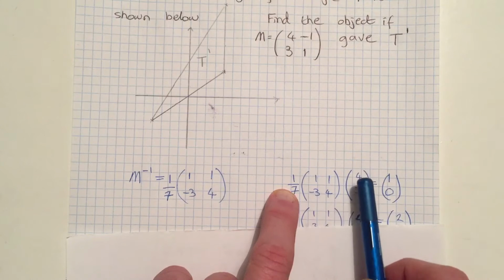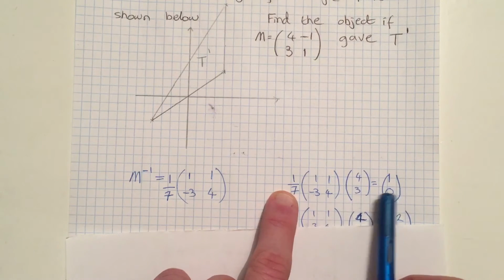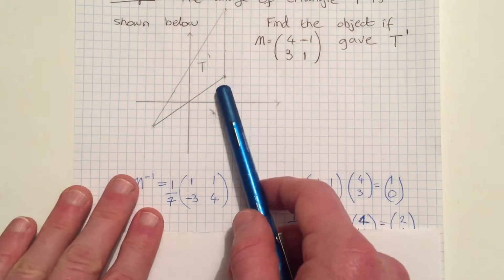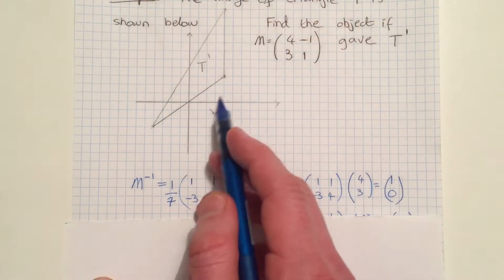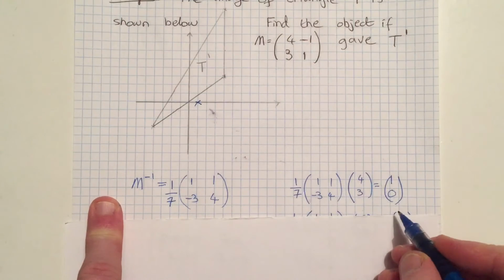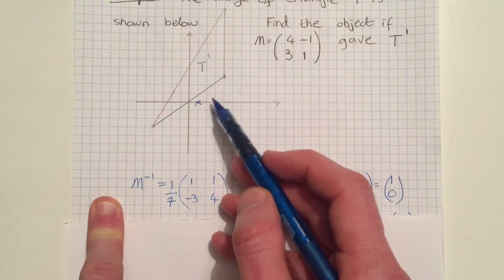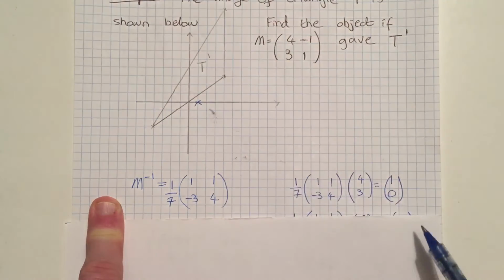And then minus 3 times 4 plus 4 times 3 is 0. And obviously 0 divided by 7 will still be 0. So the point 4, 3 was originally at 1, 0. When we apply this matrix to the point 1, 0, we get this point. When we apply the inverse to this point here, we get the original point 1, 0.